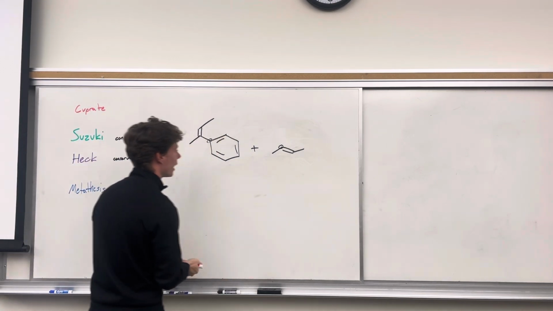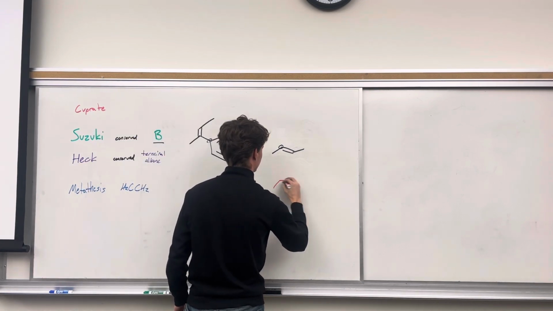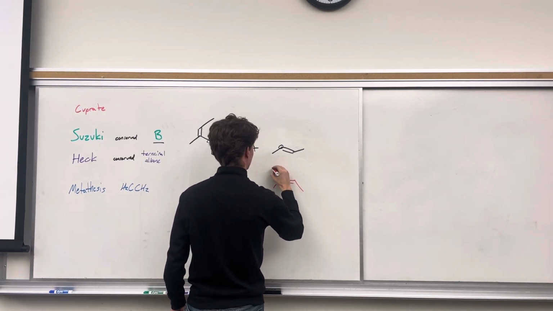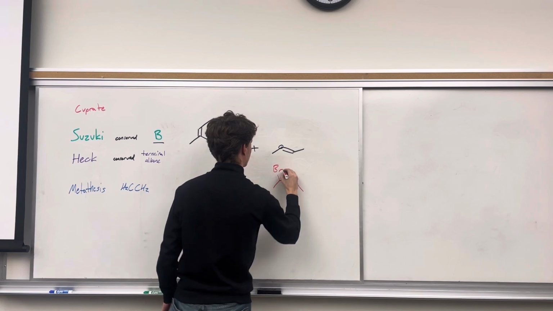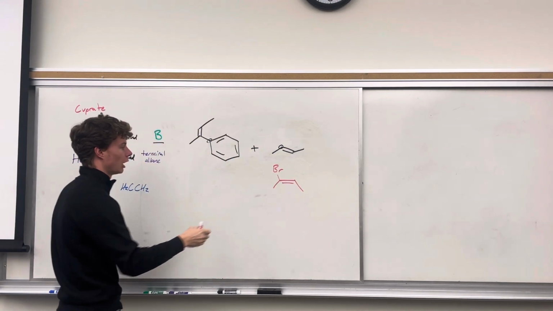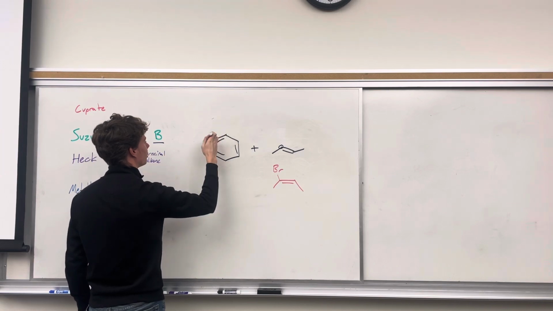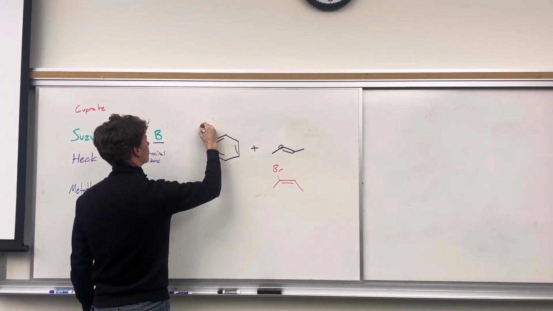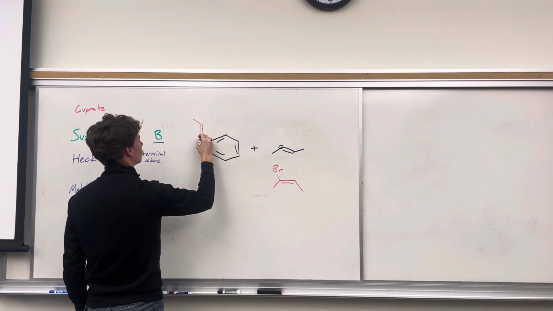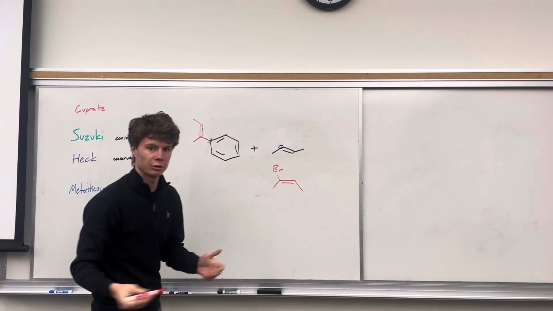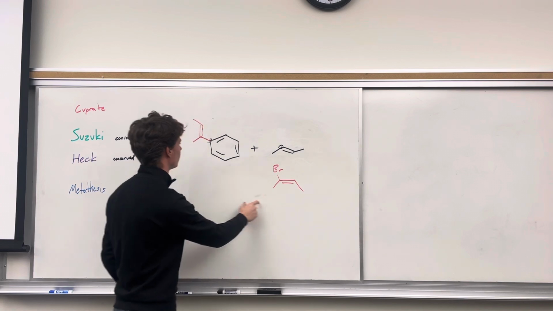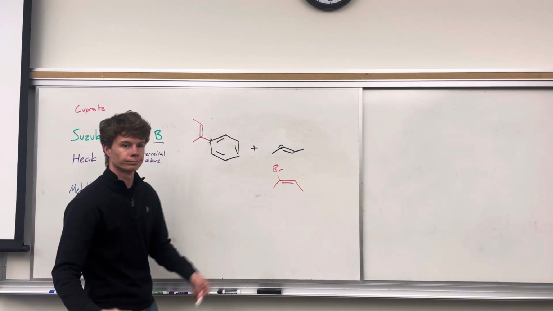Now, if I had at the beginning something like this, I would take that and add it over here, and I would get the Z conformation. This part will stay conserved when I add it on. That is it.